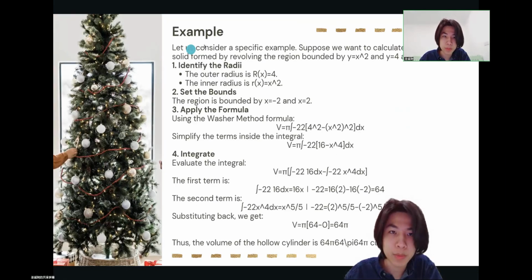Let's look at an example. Suppose we want to calculate the volume of a solid formed by revolving the region bounded by y equals x squared and y equals 4 around the x-axis.